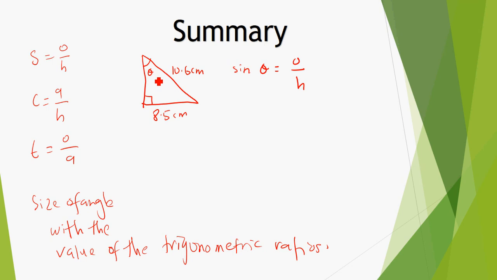From this theta, you know the opposite is this one, the hypotenuse is this one, so it equals 8.5 over 10.6, which equals 0.802. That's how you find the value.